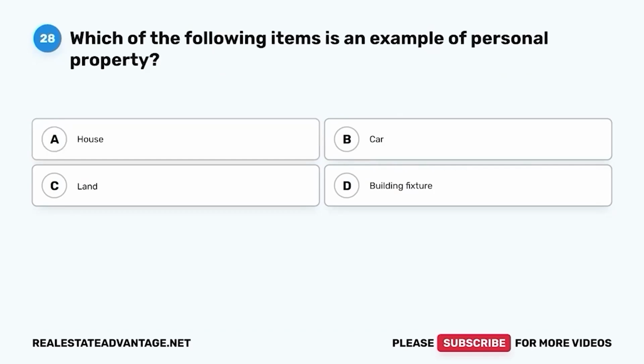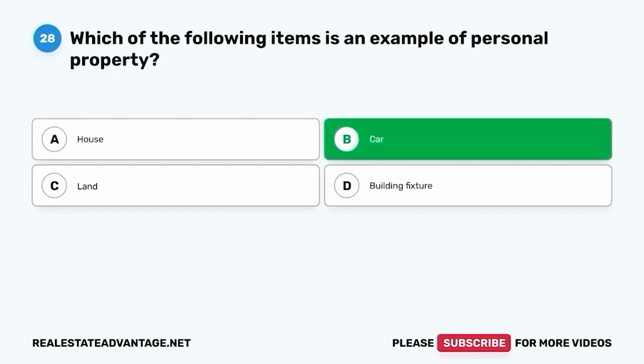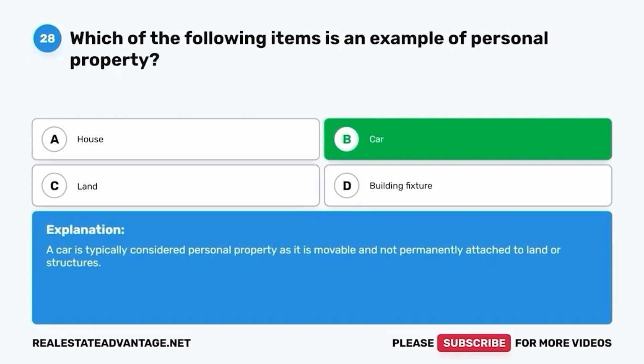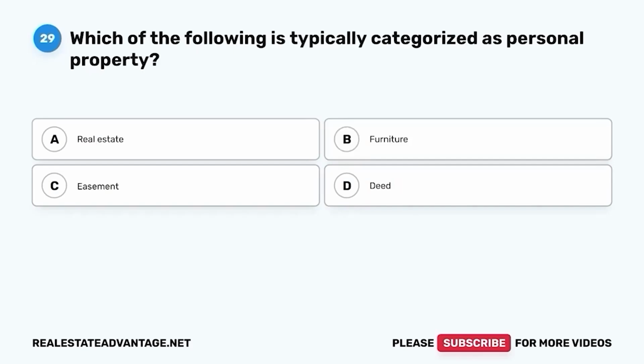Question 28. Which of the following items is an example of personal property? A. House. B. Car. C. Land. D. Building fixture. The correct answer is B. Car. A car is typically considered personal property as it is movable and not permanently attached to land or structures. Question 29.